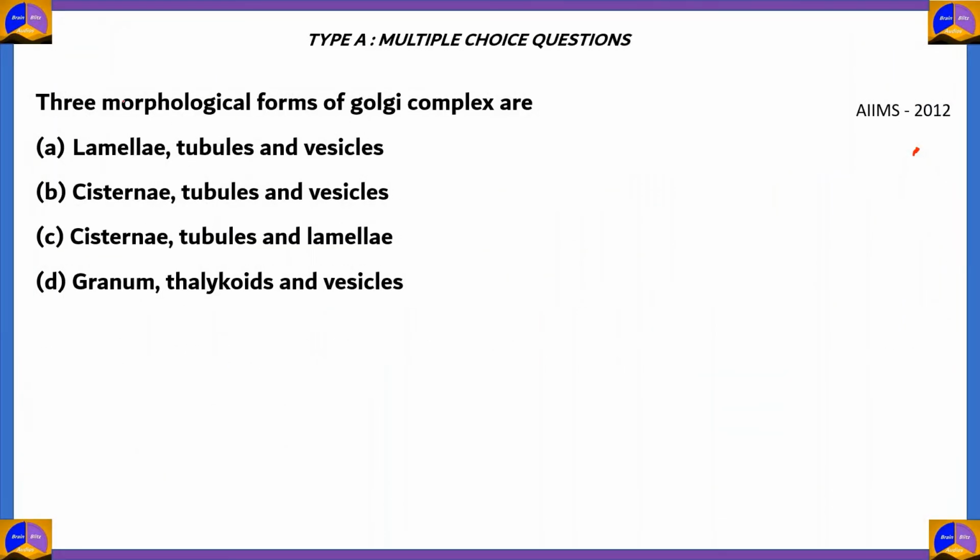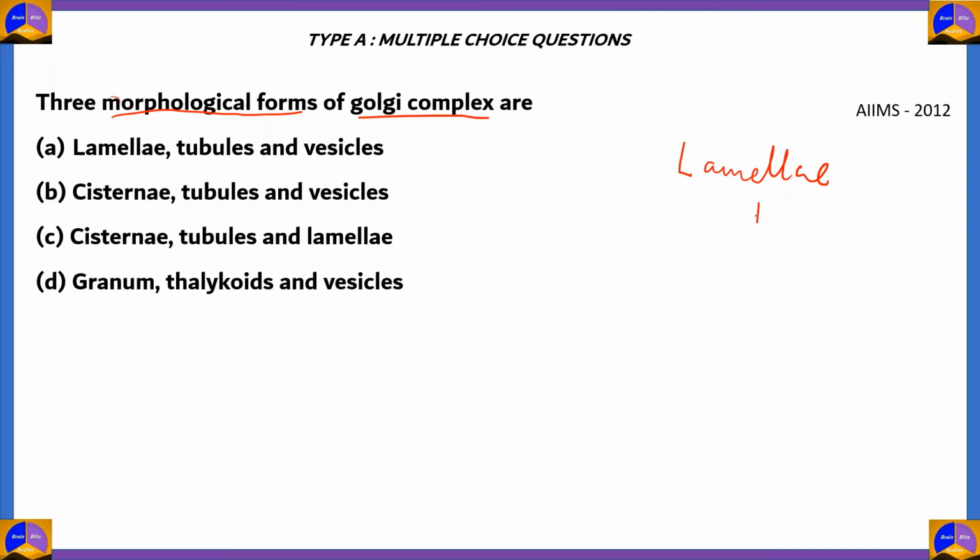Next question. The three morphological forms of Golgi complex are: A, lamellae, tubules, and vesicles; B, cisternae, tubules, and vesicles; C, cisternae, tubules, and lamellae; D, granum, thylakoids, and vesicles. So for options A and C, it is better to know what is lamellae.